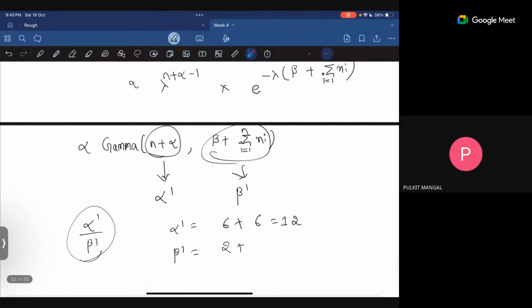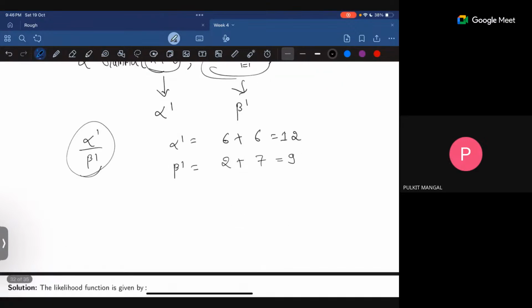So 7 plus 2, that is 9. So this is your alpha dash and beta dash, and the mean would be 12 by 9. So it is 4 by 3, which is 1.3. Anybody has any doubt in this question?